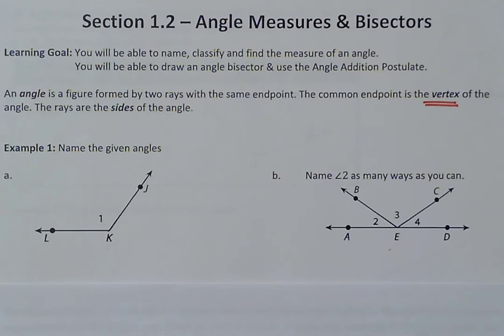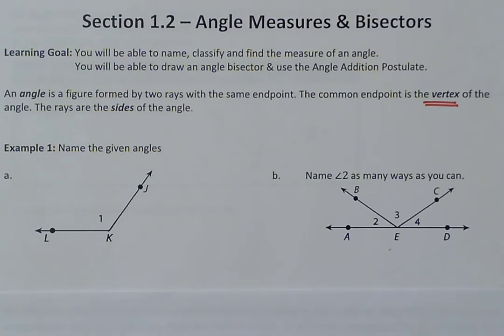All right, so with that said, let's go ahead and take a look at example 1. Example 1 is going to ask us to name the given angles. So in parts A and B, we have two different sets of angles, and they want us to go through and name them.